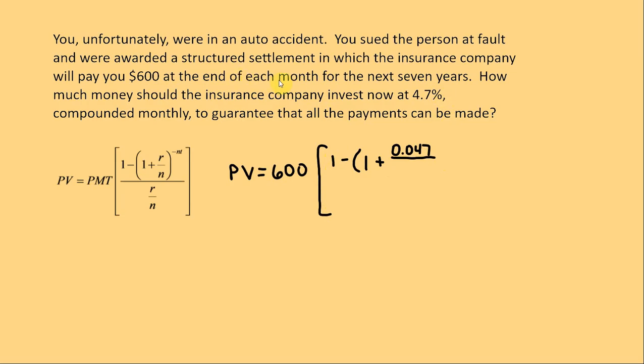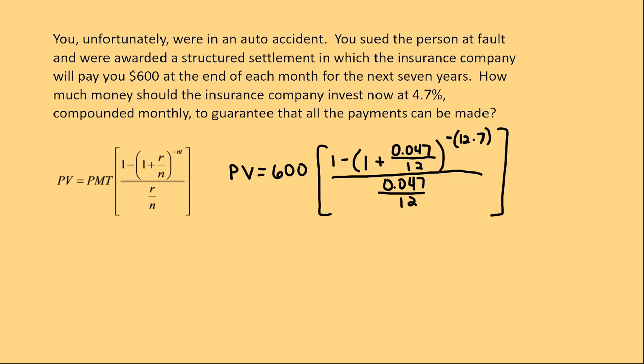Okay, and they're paying you at the end of each month, so that's 12 times a year. That's raised to the negative 12 times a year for 7 years. And again, we're going to divide that by the rate times the number of compoundings per year. So 0.047 over 12. And put all of that directly into the calculator.